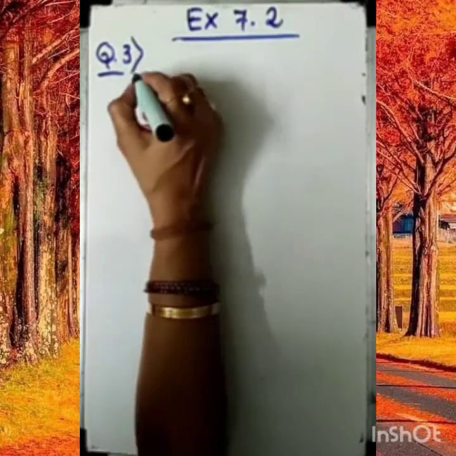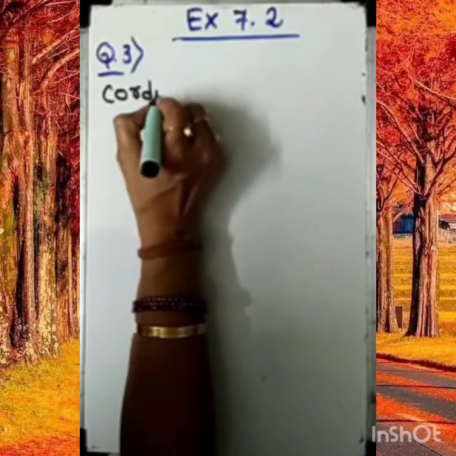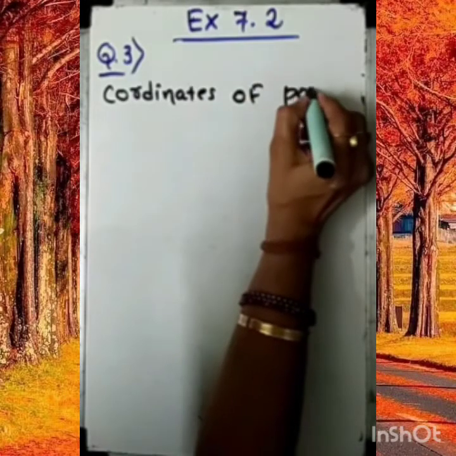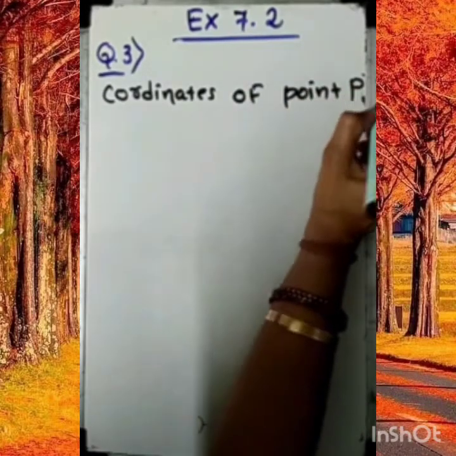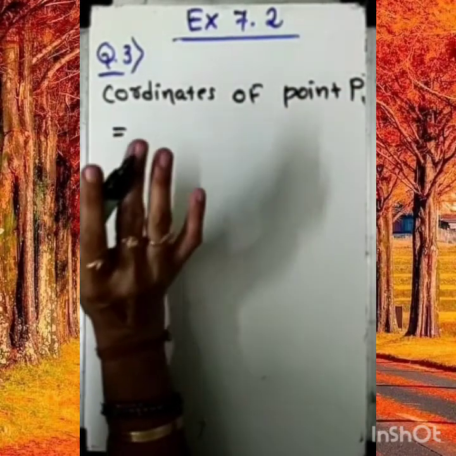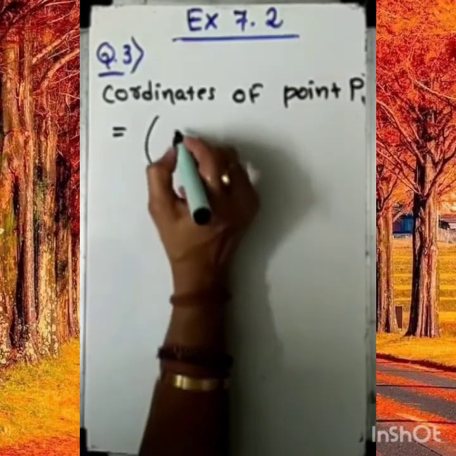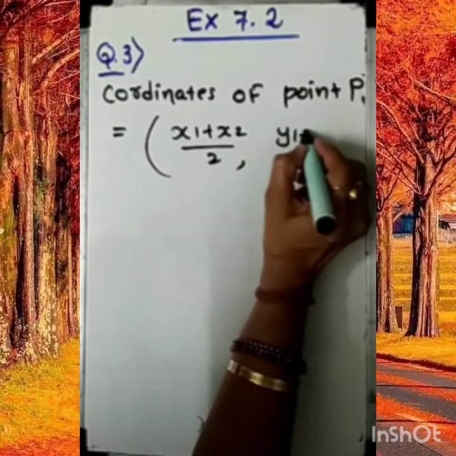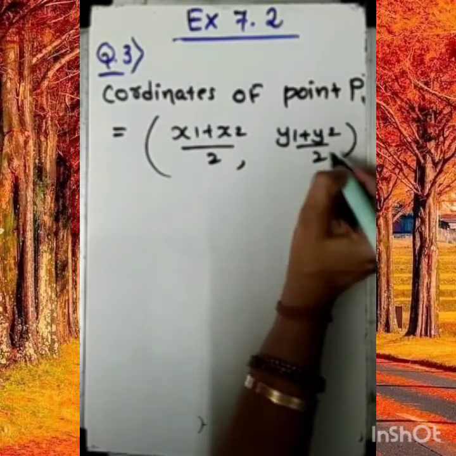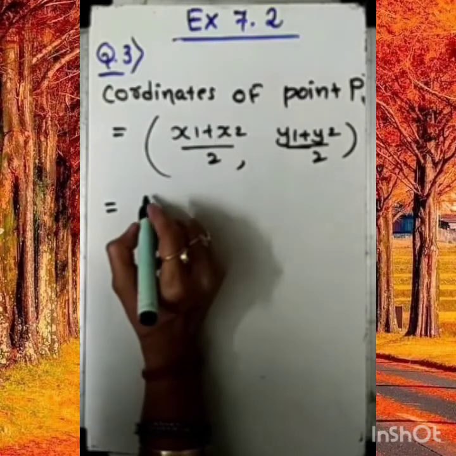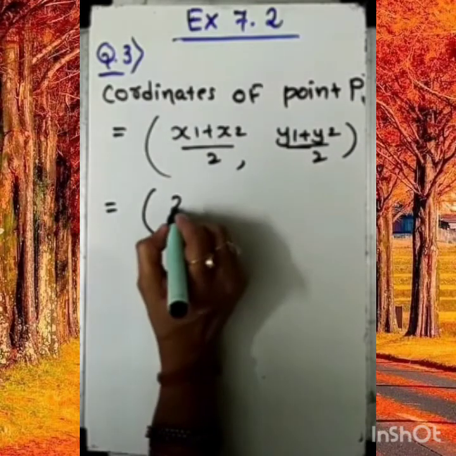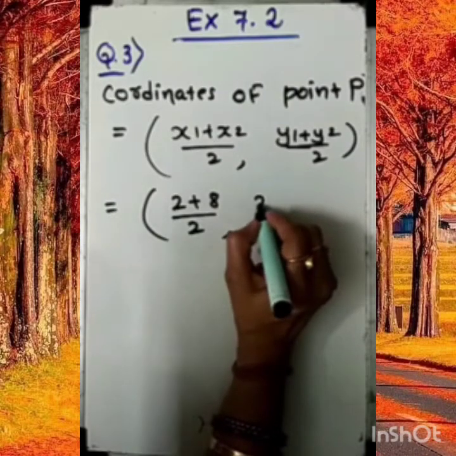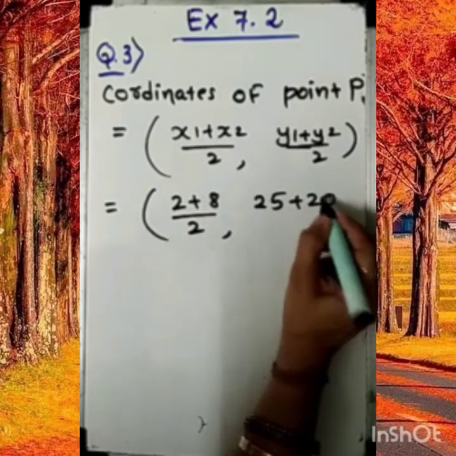So we need to mention here the coordinates of point P. Now how to decide? It is in the halfway. So for the halfway, dear student, please remember the formula is (x1 plus x2) divided by 2, comma (y1 plus y2) divided by 2. Here x1 plus x2 means 2 plus 8 divided by 2, and the other is 25 plus 20 divided by 2.